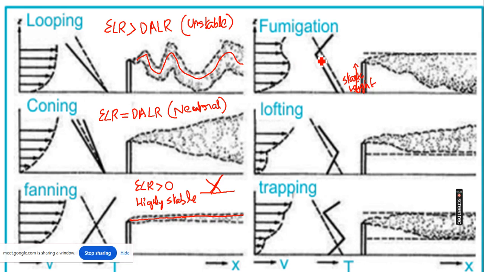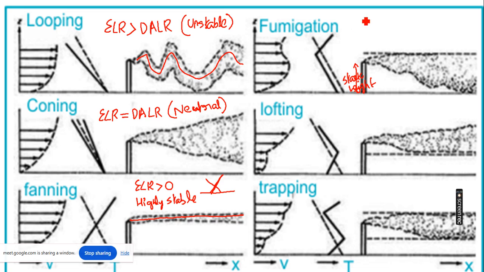If we have an inversion layer above the stack height, the dispersion of the pollutants above the stack height is highly restricted. Because it is highly stable above the stack height, the pollutants cannot go up. Whereas below the stack height, the atmosphere is either neutral or unstable.